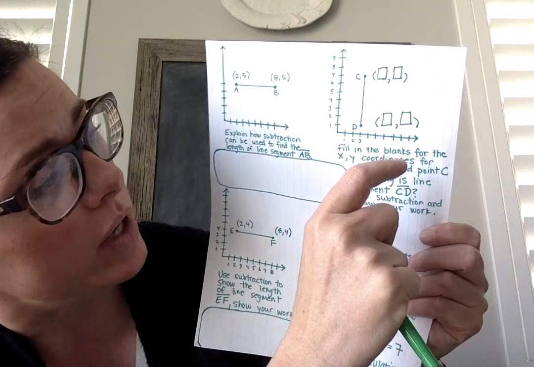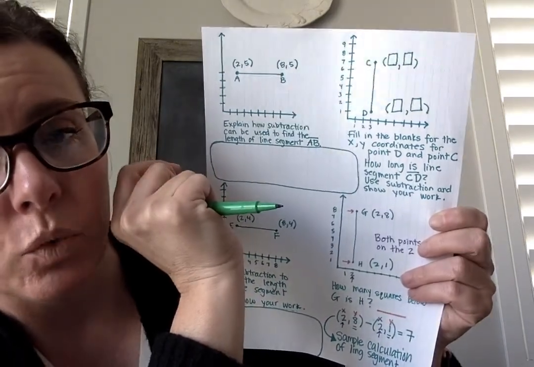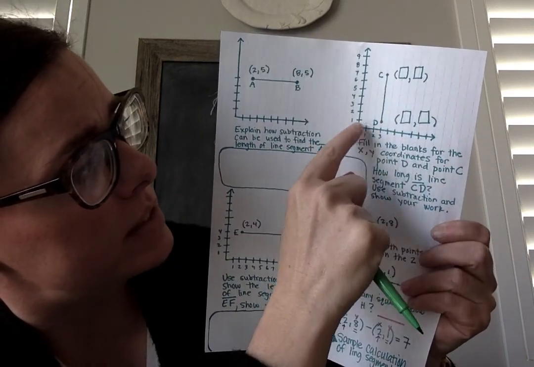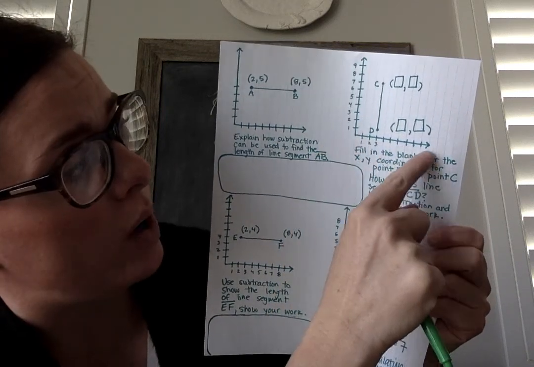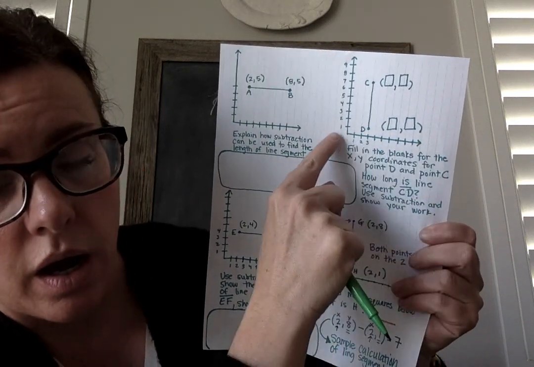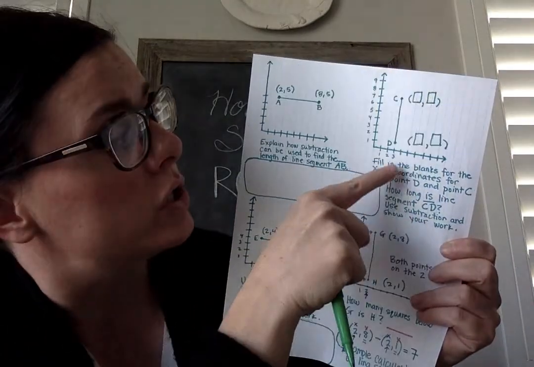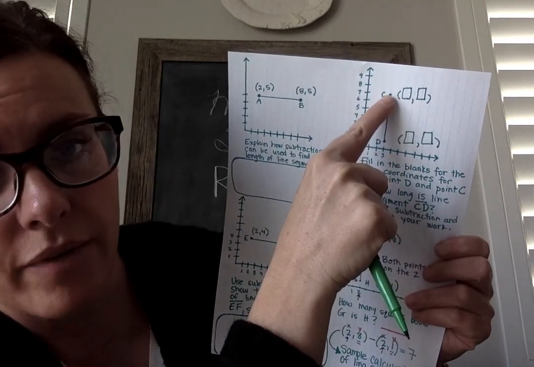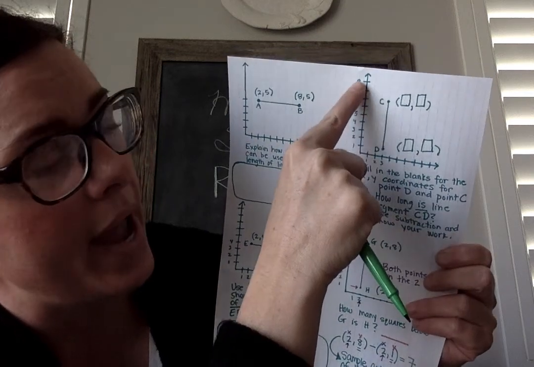Okay, so here we've got point C. We'll just do a little bit of a review. Point C is 1, 2, 3 over on the x-axis. And remember, we always start on the x-axis, which is our horizontal line. So we go over first. So we go over 3 and up 7, right? It's on that 7 line on our y-axis.